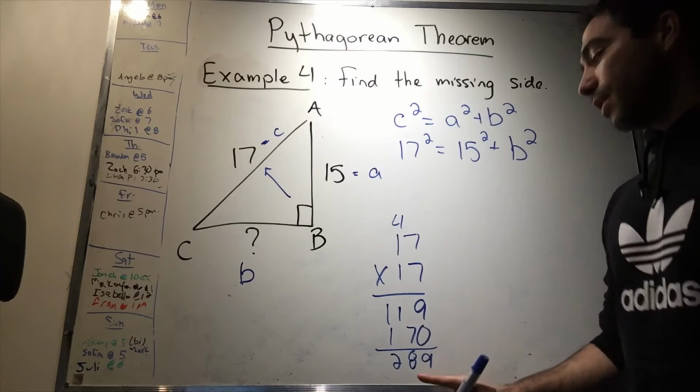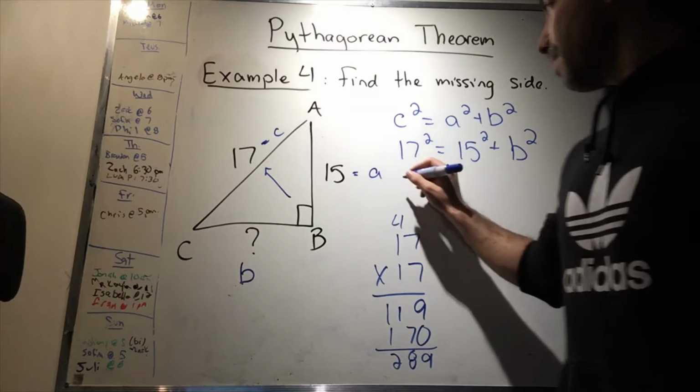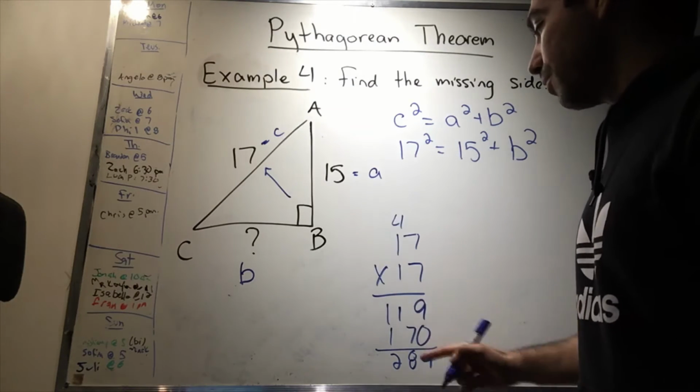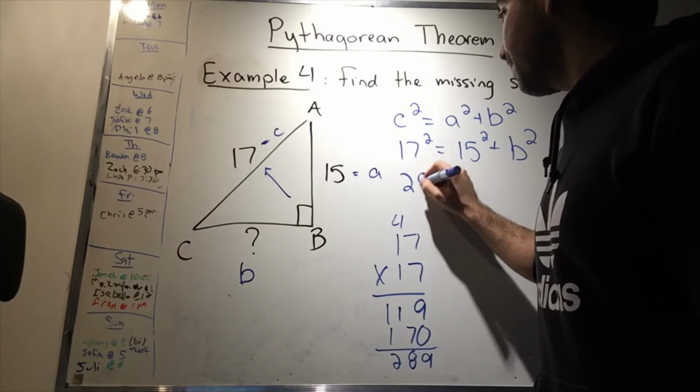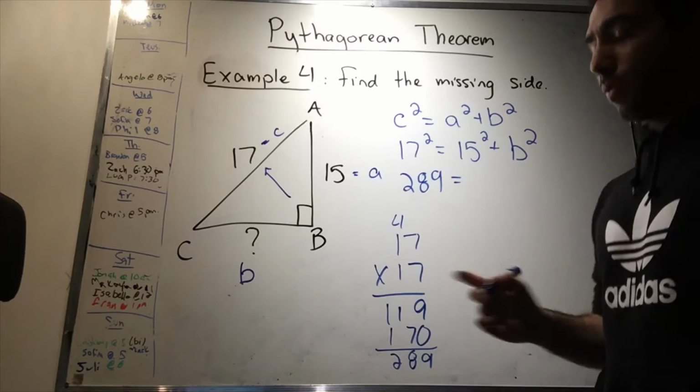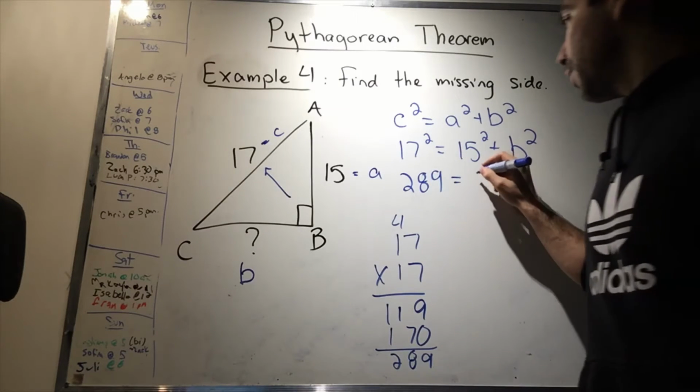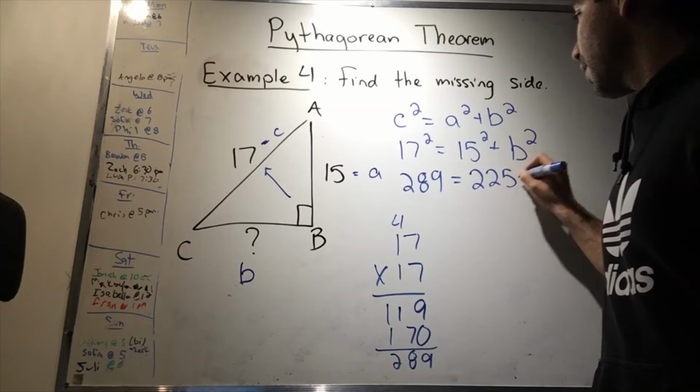So 17 times 17 is 289. You guys could do this on your calculator, you don't have to do it by hand. But we get 289 equals 15 squared, which is 225, plus b squared.